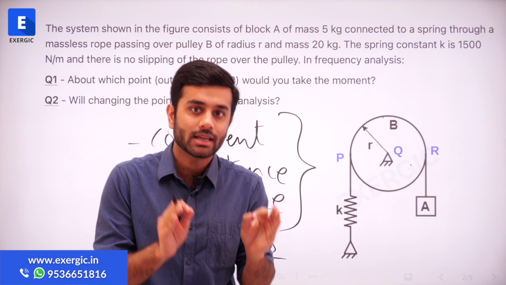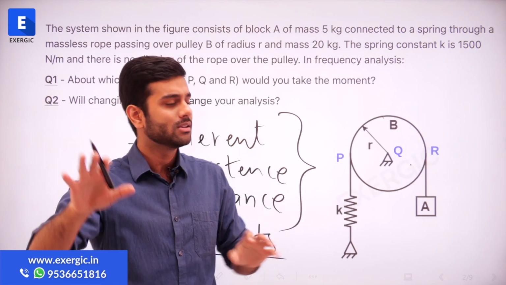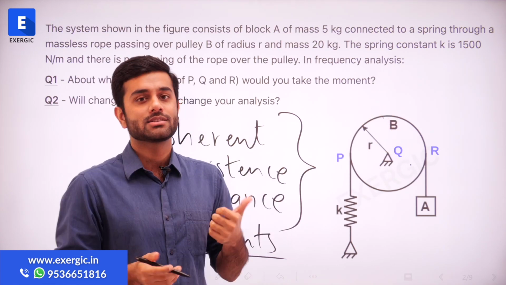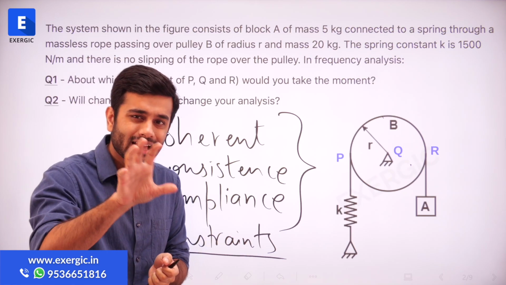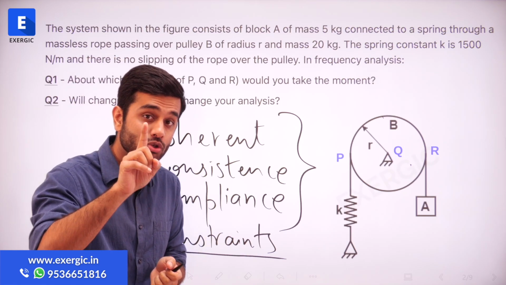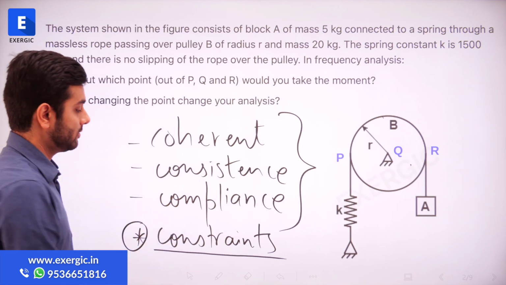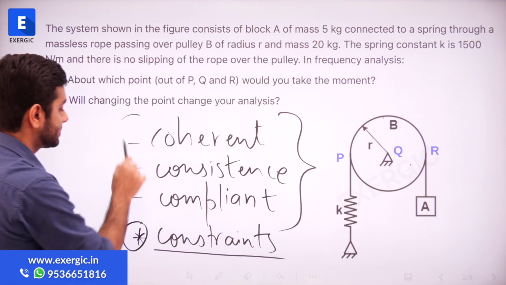Whatever hypothetical, virtual, imaginary, slight motion we give in the vibration analysis, we slightly move the body, right? So whatever slight motion you are giving should be coherent or consistent or compliant with the constraints.